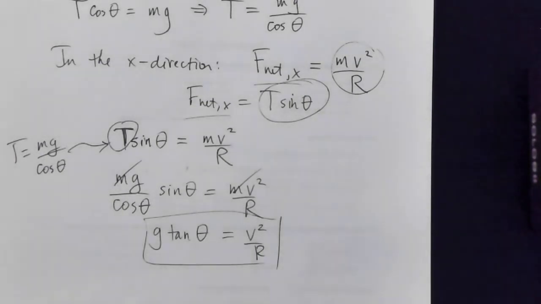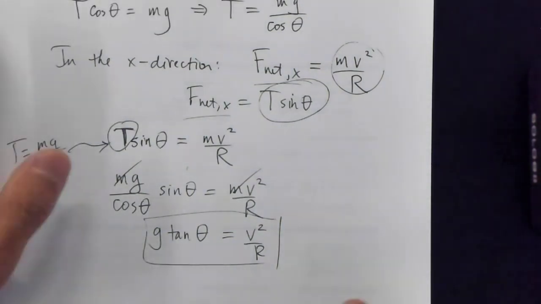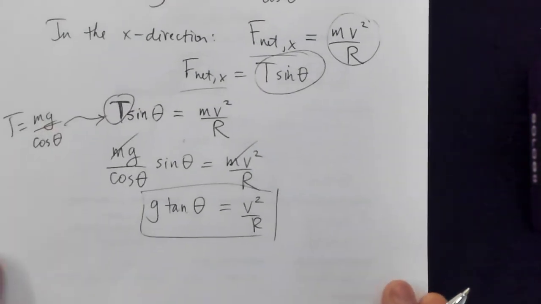All right. Now there's another type of problem that you will encounter in the homework as well. There's something called a banked curve.